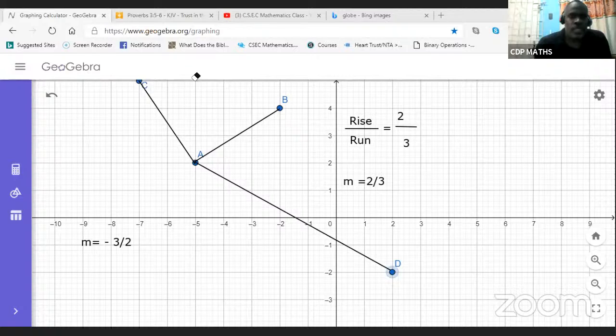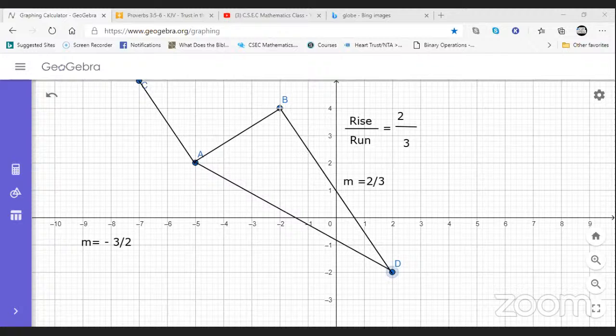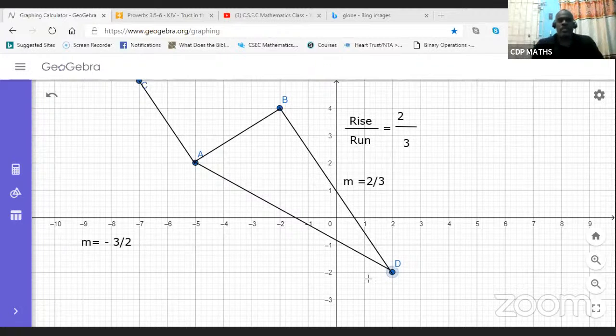Final one is: I want the gradient from D to the letter B. From D to B. Come on now, audio. Simple thing: touch the point and count, write it down, then count, write it down. Nothing difficult in that. All right.